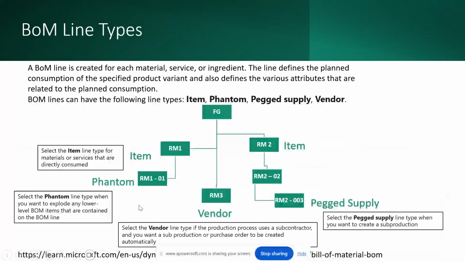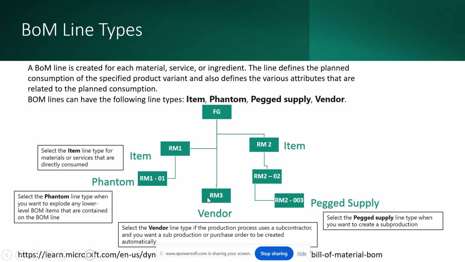And sometimes you might be getting that particular item directly from the vendor. Select the vendor line type if the production process uses a subcontractor, so you have a subcontractor who actually manufactures the item. Let's say you are getting the threads directly from your vendor and you are not manufacturing it.